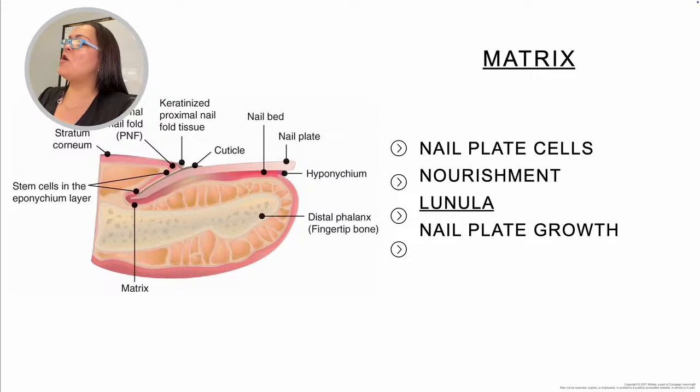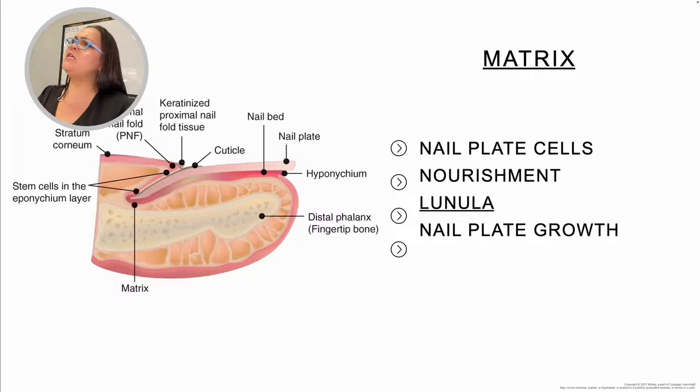Some of us have little lanulas, some of us have big lanulas, and some you can't even hardly see. But remember what I said about your matrix: the shape of your nails, the width, how thick they are, all of that is directly related to your matrix. How they grow is directly related to your matrix.